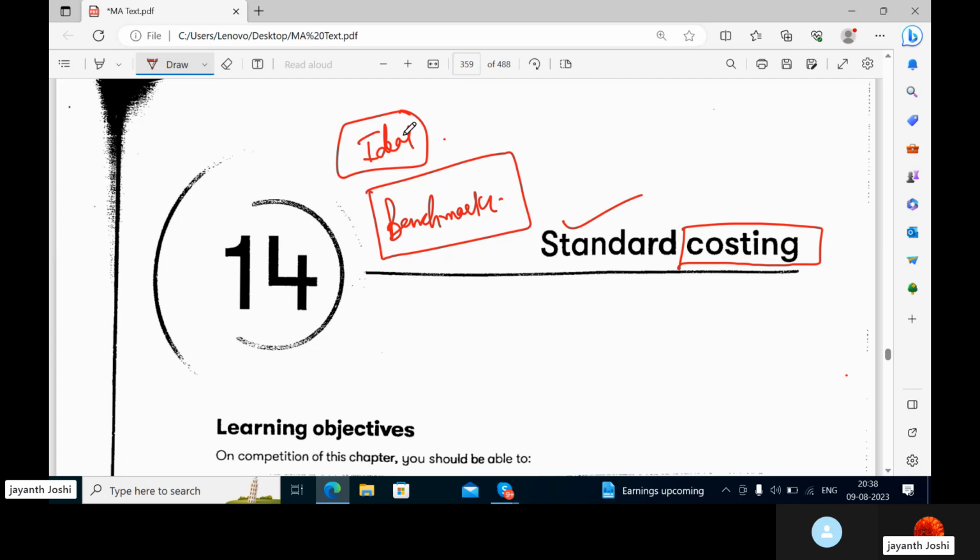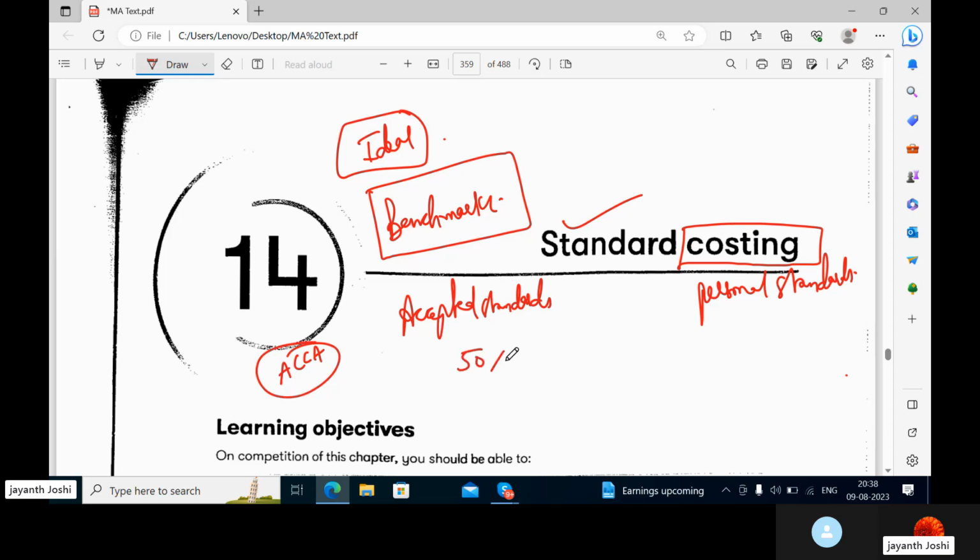For example, there are some accepted standards in the world, and there are some personal standards. If you want to crack the ACCA exam, the accepted standard is 50%.